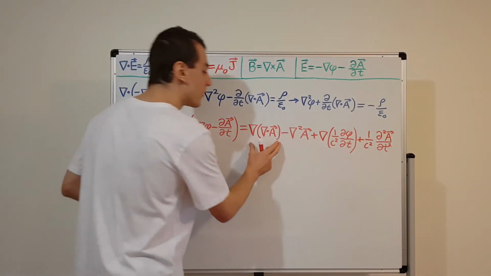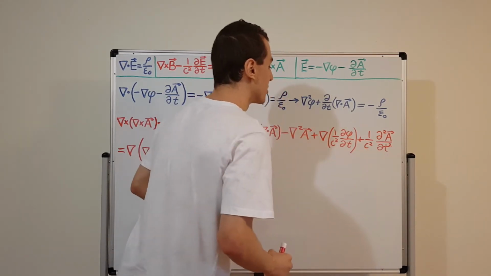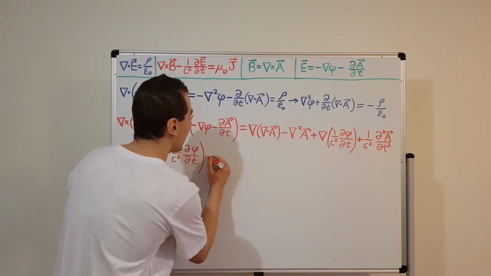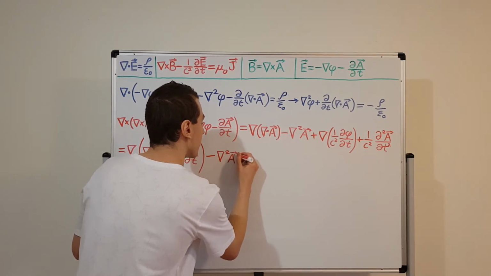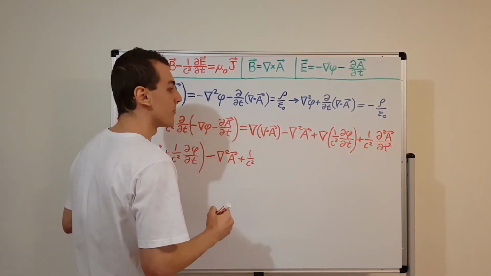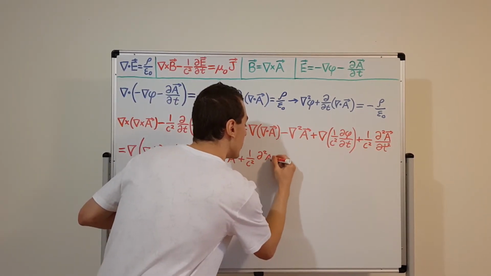So we've taken care of this term, and we've taken care of this term. Now, let's have a look at these two terms over here. So what we're going to get is minus the Laplacian of A plus 1 over c squared. So that's this term over here. And we're going to have this second derivative with respect to time.